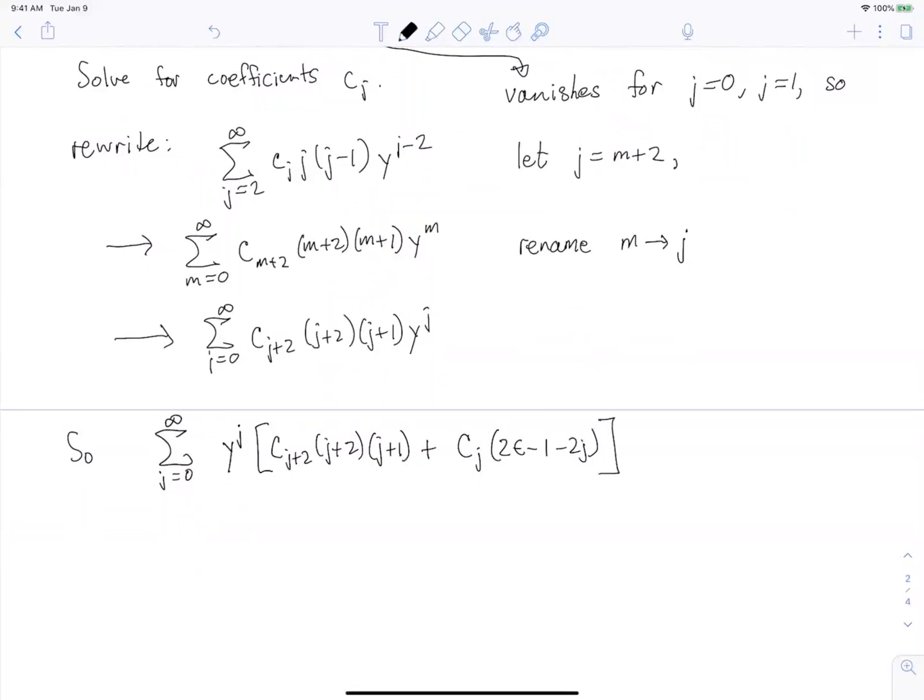Both sums also start at j equals 0, which is nice. All of that is supposed to equal 0 if we're going to solve our differential equation.